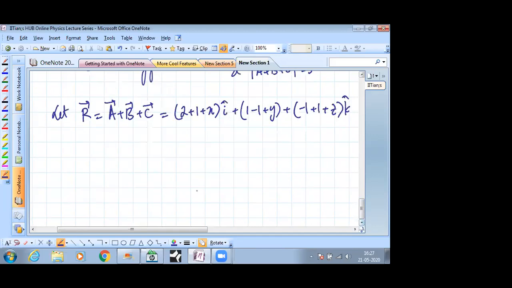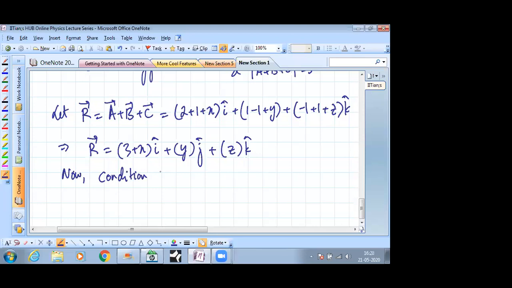From this we can see that the resultant vector R is (3 plus x) i cap plus y j cap plus z k cap. This is the resultant in terms of the unknowns. Now apply the condition.